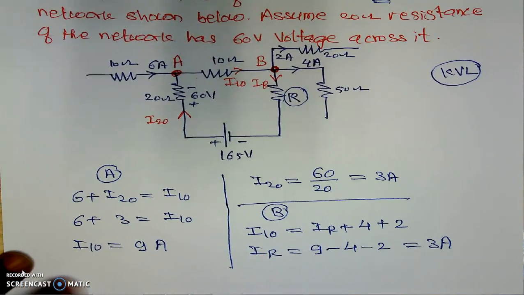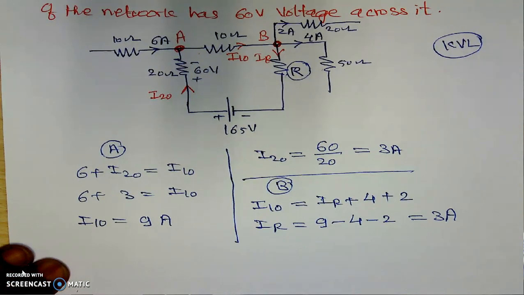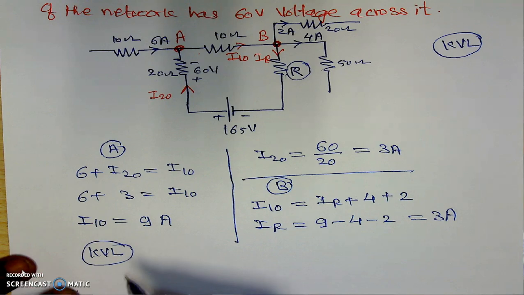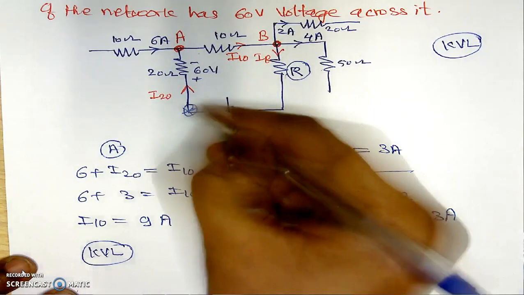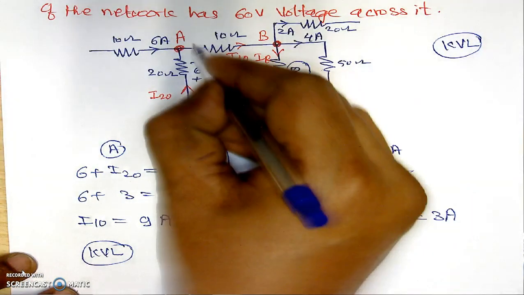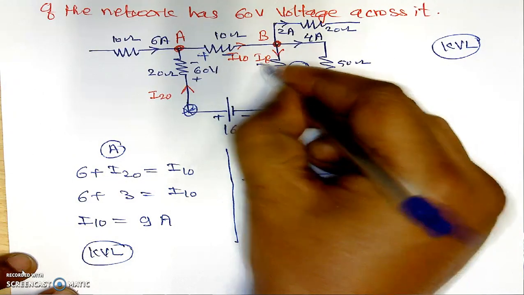Now here, we are applying the KVL to calculate the value of the resistor R. We are traveling from this point in the upward direction. First we will mark the polarities. Its polarities are marked. It is forward, that's why it will be plus and this is minus. It is downward, that's why it will be plus and minus.